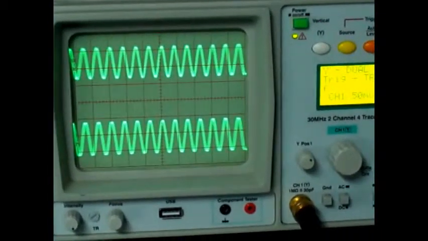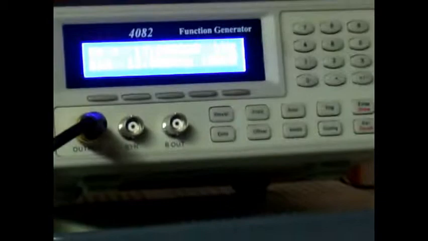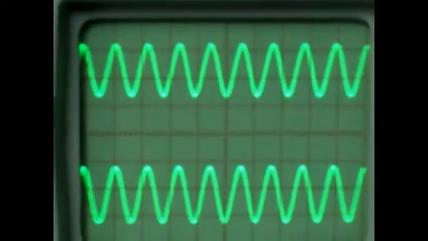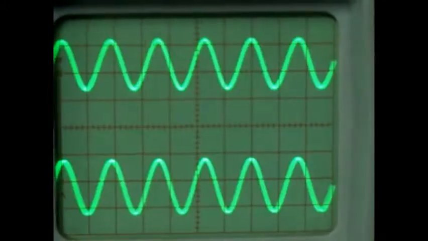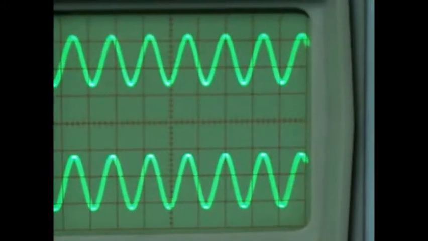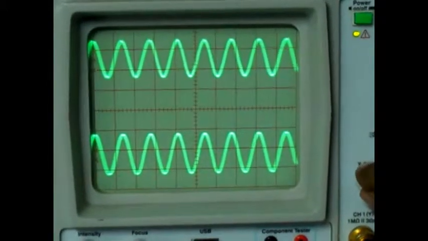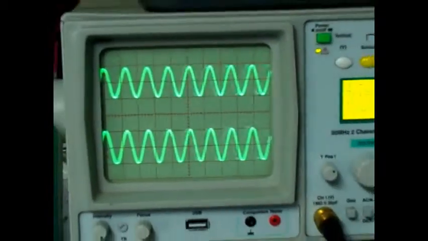So it's the same at 610 kilohertz. Still the signal amplitudes are the same. And still they are the same.